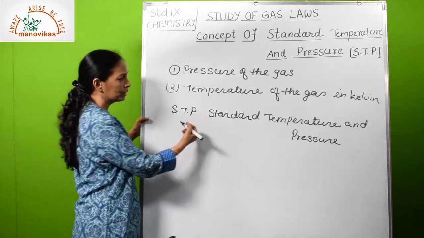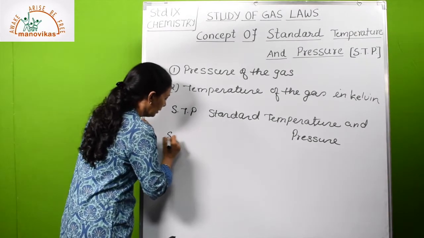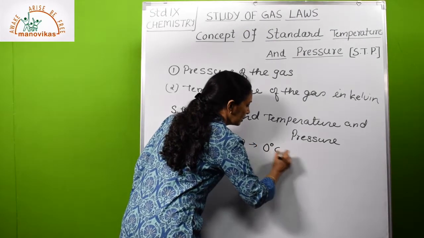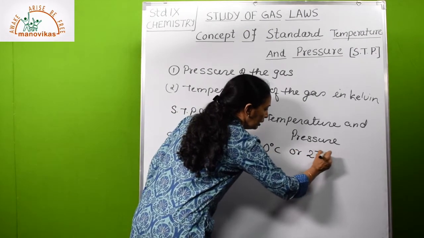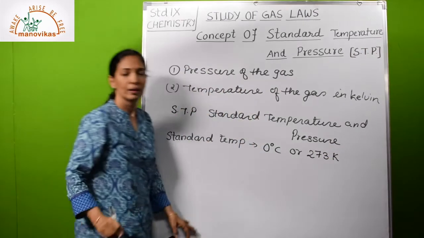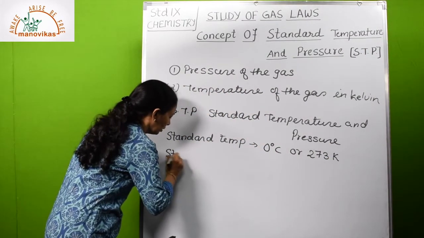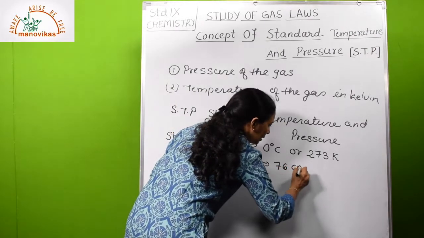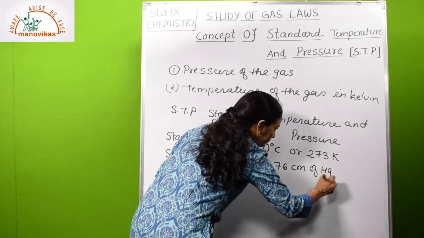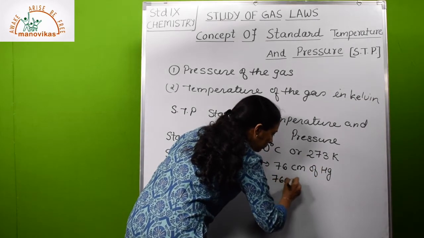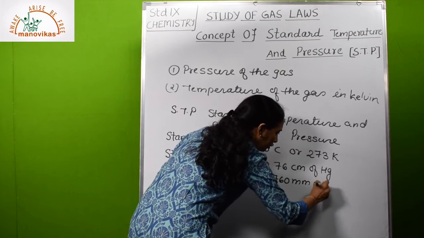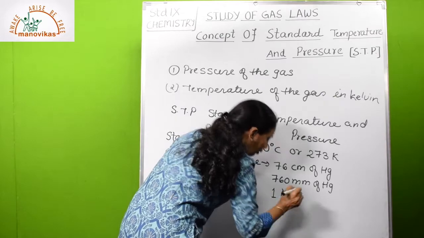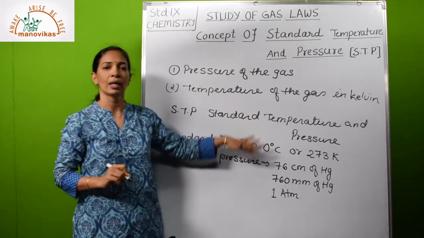So what is the value of standard temperature and pressure? Standard temperature is 0 degrees Celsius or 273 Kelvin. And standard pressure is taken as 76 centimeter of mercury, 760 millimeter of mercury, or 1 atmosphere, which was done earlier also while explaining the terms temperature and pressure.